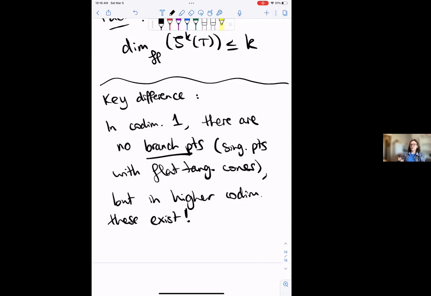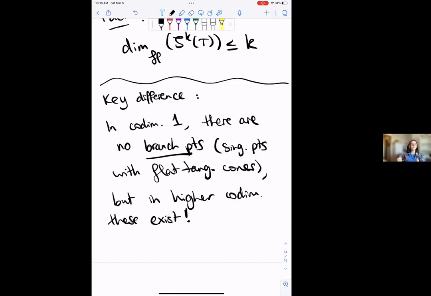The reason why in codimension 1 there are no branch points is because of this characterization I mentioned of codimension 1 area minimizers as boundaries of top dimensional Caccioppoli sets. So locally around a point that has a flat tangent cone, you can ensure that the density remains close to a constant on the entire neighborhood.